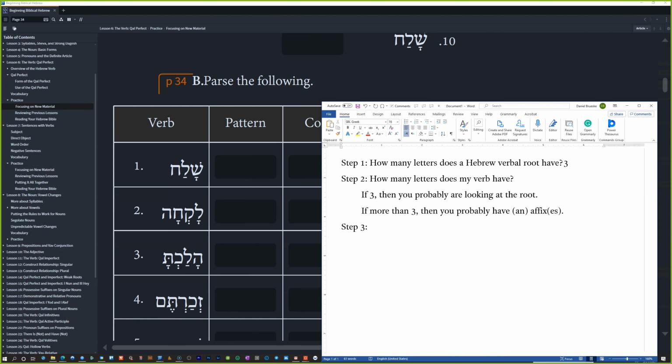I like to start with suffixes. I find that they're usually the easiest to locate. If 3, you're probably looking at the root. That's the end of the process for that. But if more than 3, you probably have an affix. Go to S3. All right, step 3. Start with suffixes.